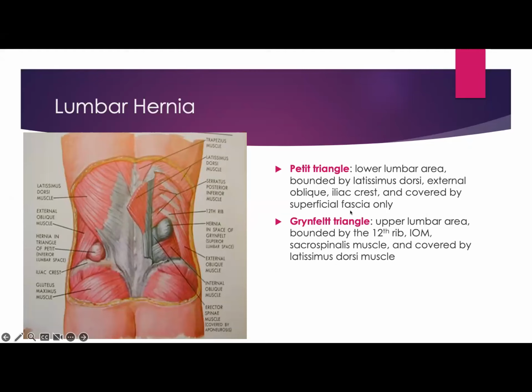Okay, and for the Grynfeltt triangle, we have the upper lumbar area, which is bounded by the 12th rib, which is this superior part, and we also have the external oblique on the lateral part, and also borders like the internal oblique and the sacrospinalis muscles.